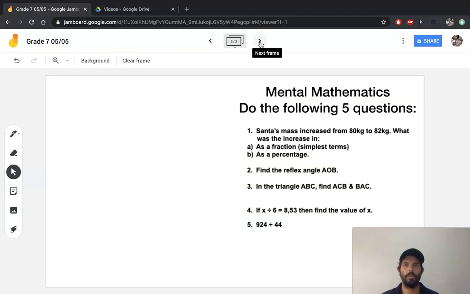Santa's mass increased from 80 to 82. What was the increase as a fraction in its simplest terms? So it increased 2 kilograms over the original amount of 80 kilograms, and that equals 1 over 40.